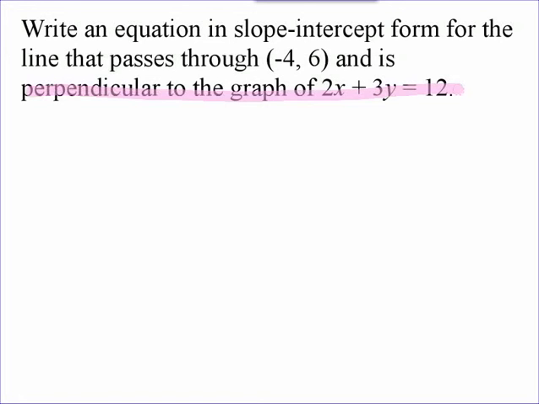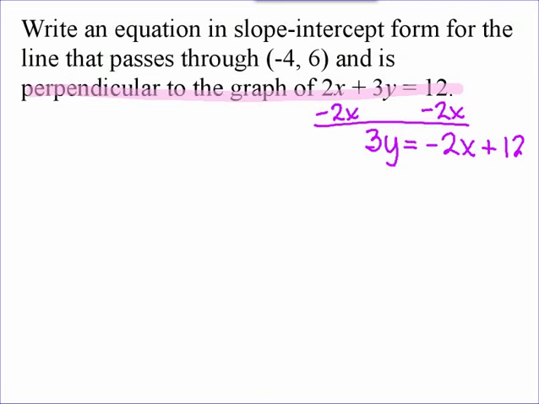Those of you that are struggling a little bit, in order to find the slope I need to put this in slope-intercept form. So I'm going to do that. When I do that, I get 3y equals -2x plus 12. We don't just stop and say the slope is -2. What do you have to do before you can do that? Divide everything by 3.